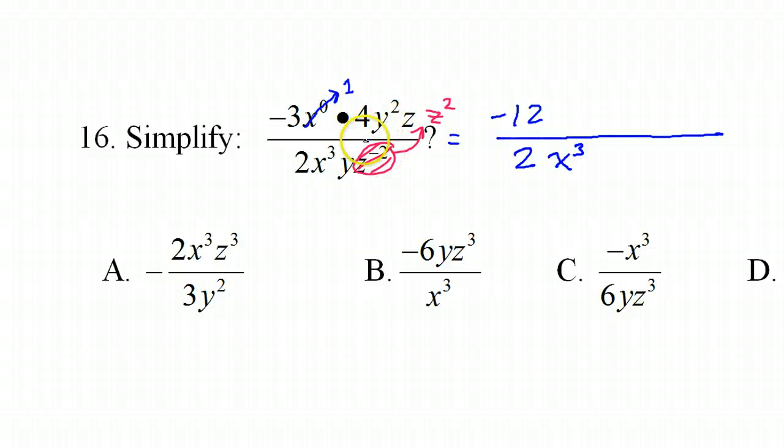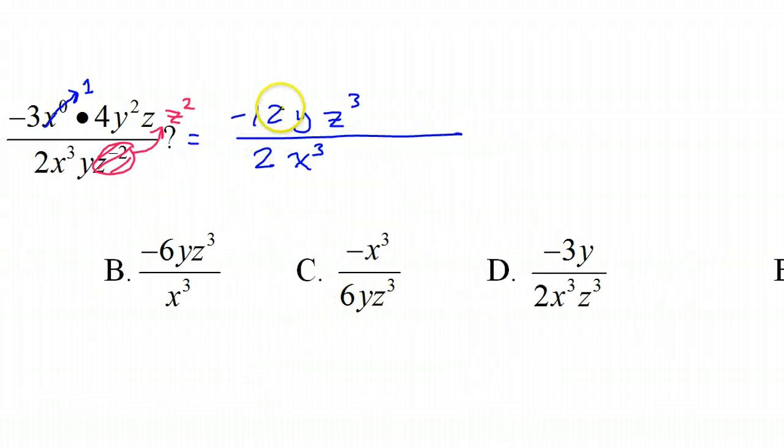So what about the y's? Alright, I've got y squared over y. So that y is going to cancel out one of those y's and leave a y up top. What about the z's? Well, all the z's are up here, and there's 3 of them, right? Z squared, z, that's a total of 3. So that would be z to the 3rd power.